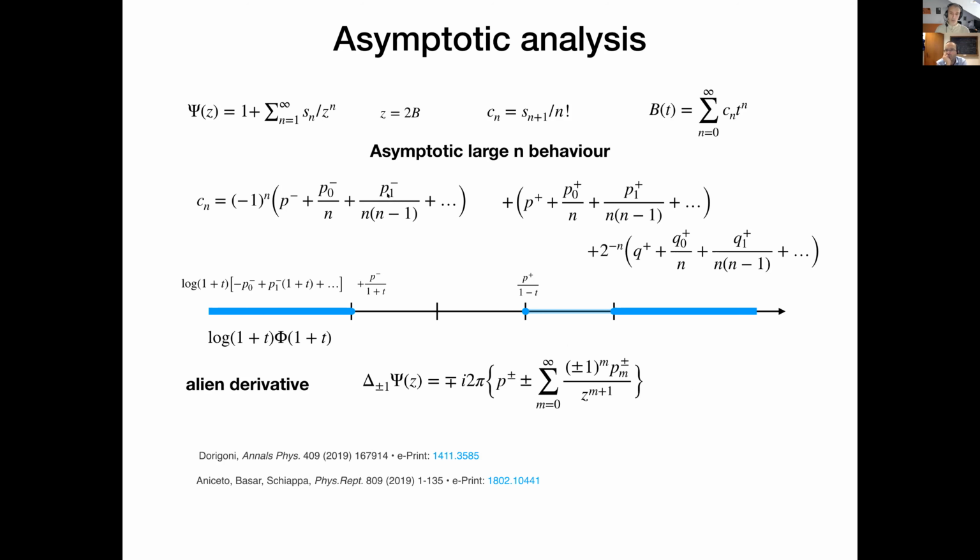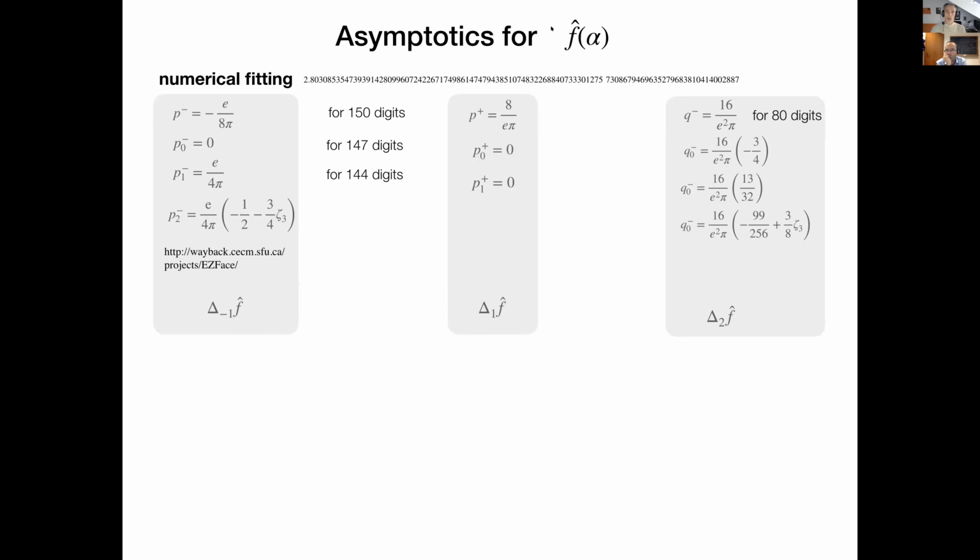Okay, so let's see how we could calculate these alien derivatives in our case. So I analyzed this f alpha. I normalized this expansion to start with 1. And then I will use this Richardson transform I already explained to suppress the 1 over n corrections in the Borel plane, and I would like to read off the asymptotics.